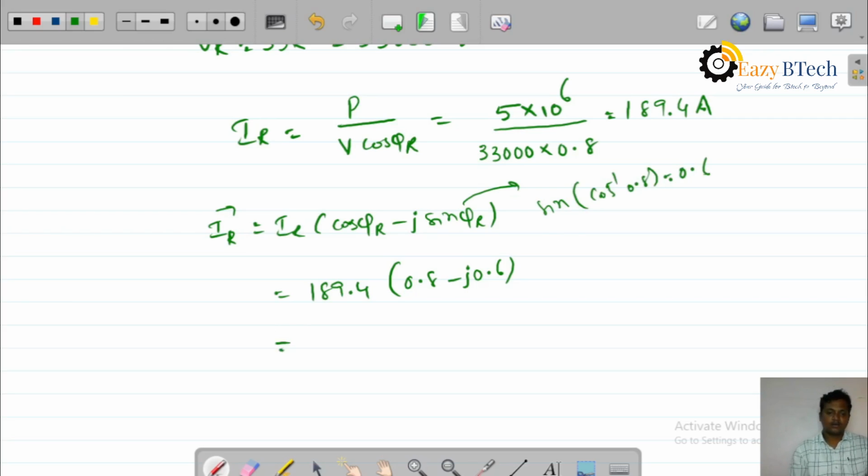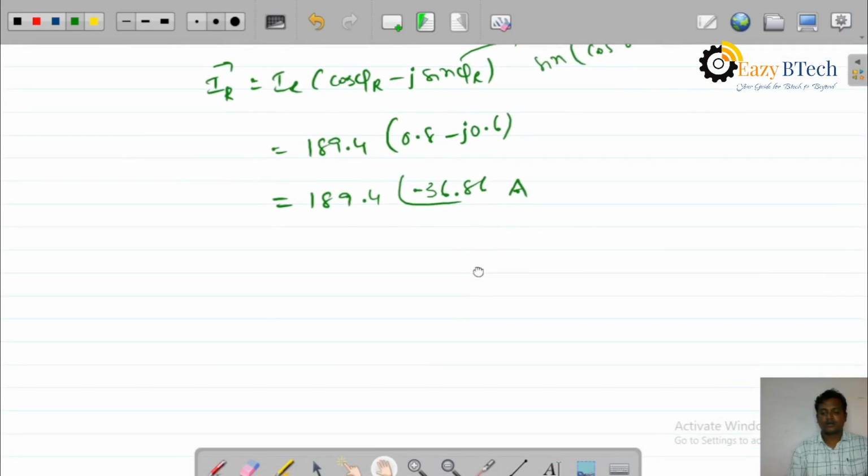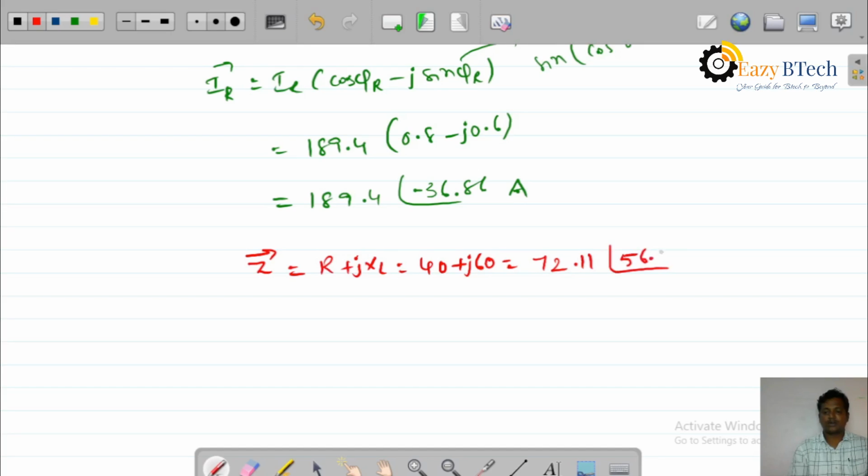Or in polar form it is 189.4 at an angle minus 36.86 amperes. Now I have to calculate the Z vector equals R plus JXL. It is 40 plus J60. In polar form it is 72.11 at an angle 56.31 ohm.